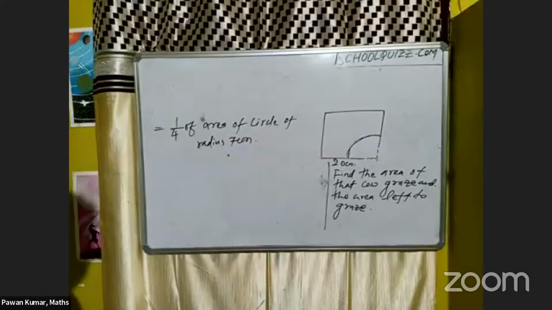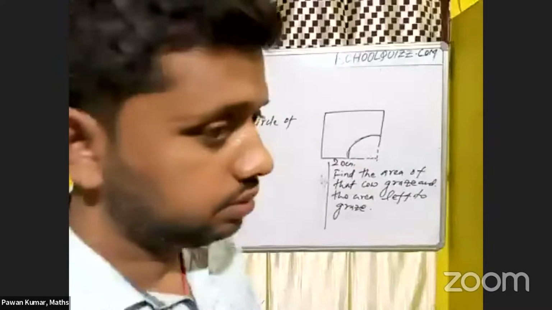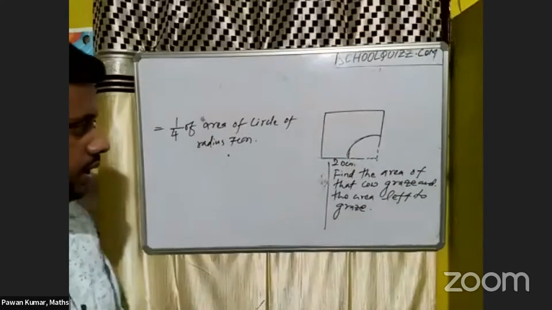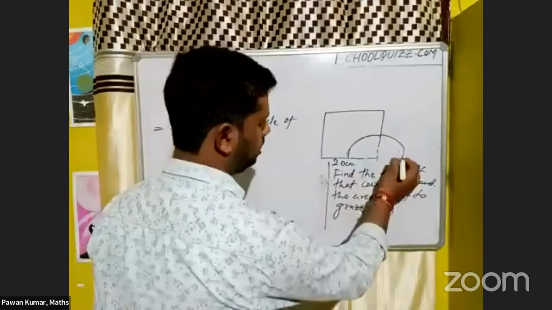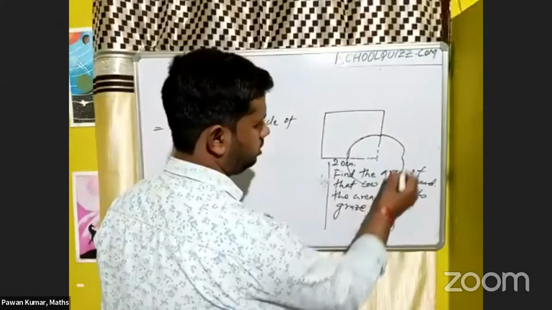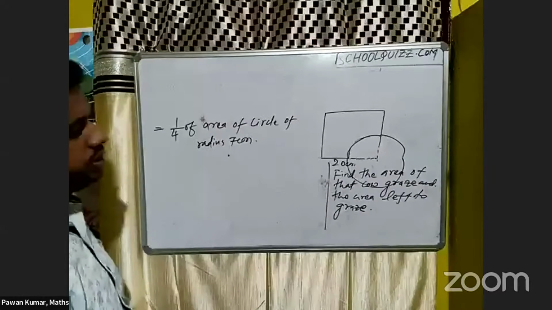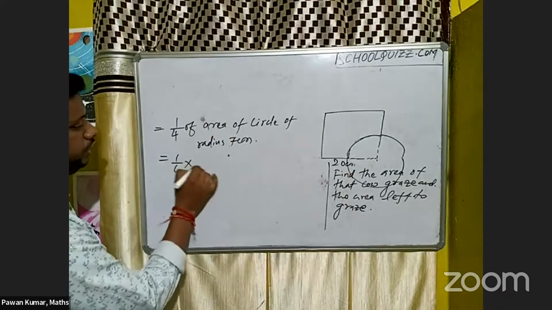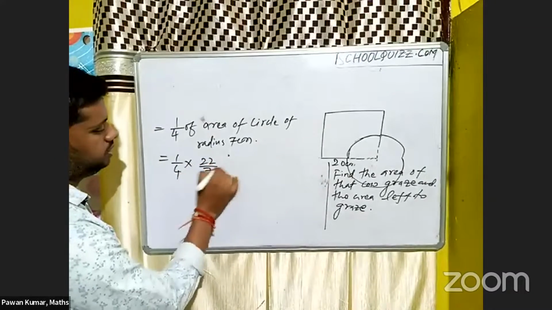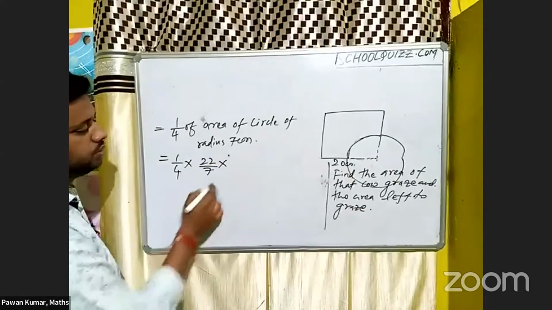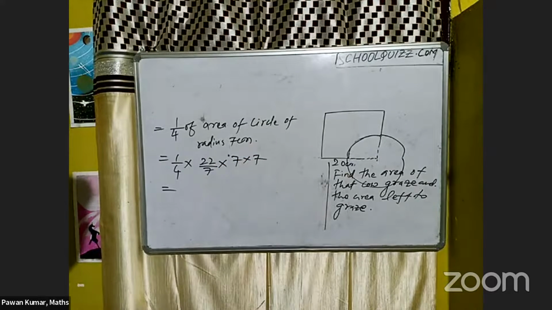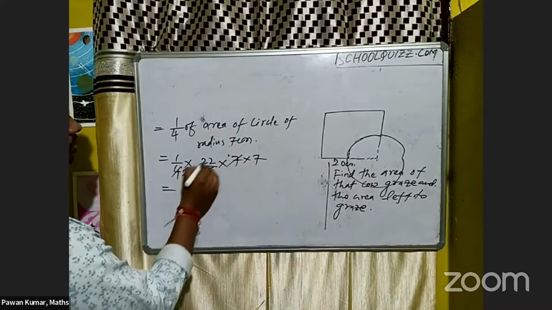That cow grazed area. अगर मैं इसका 4 हिस्से में जोडूंगा तब जाके सर्कल बनेगा। अंडरस्टैंड? सो मुझे उसका 1/4 पार्ट ही लेना है। So 1/4 into π r square, 22/7 into r square, 7 into 7. You understand this one? 7 cancel, 2 11 ja.